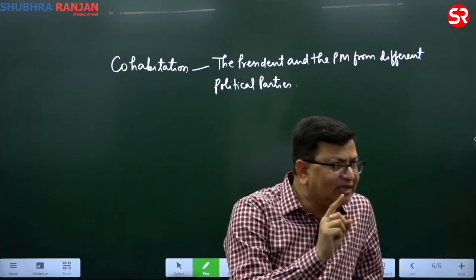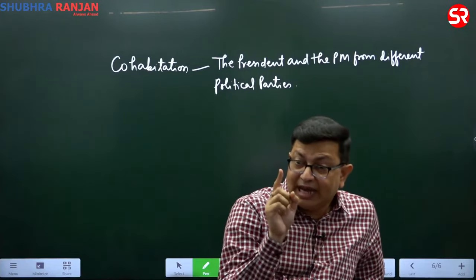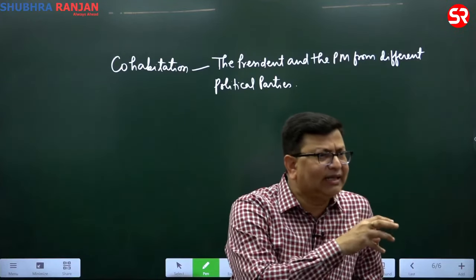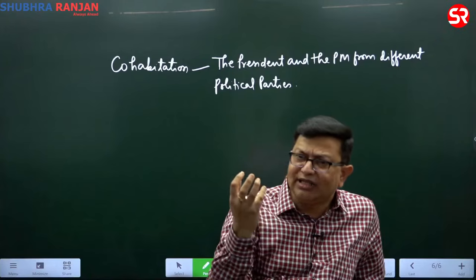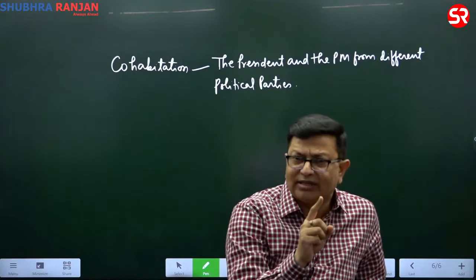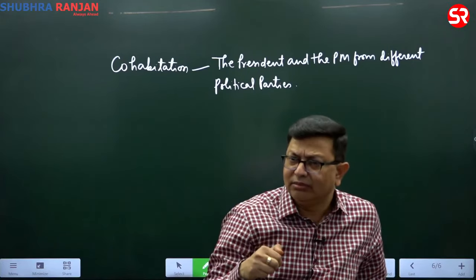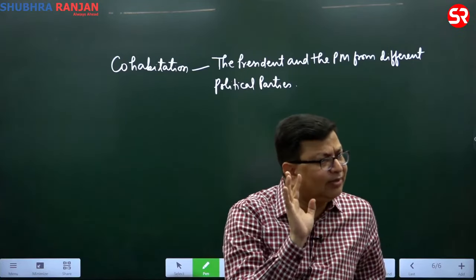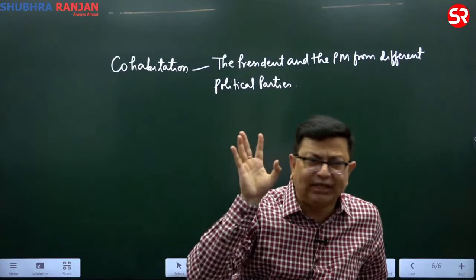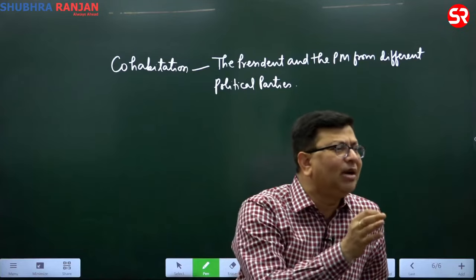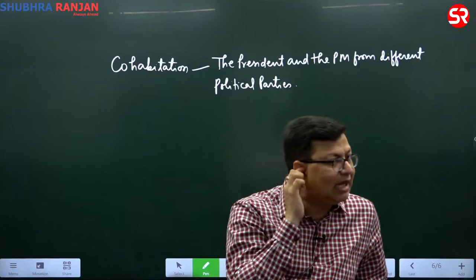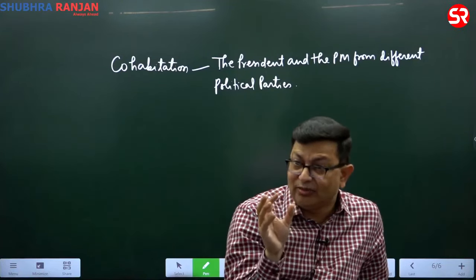And if the French president wishes, he can delegate the powers to the prime minister and he can take rest, or he can assume all the powers and he can ask the prime minister to assist him. It completely depends on the president. So, even if the prime minister is from the opposition political party, it hardly matters in France. So, basically, this is how the quasi-presidential system works.